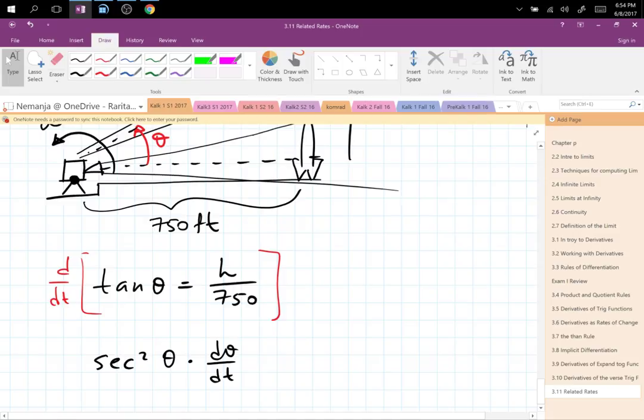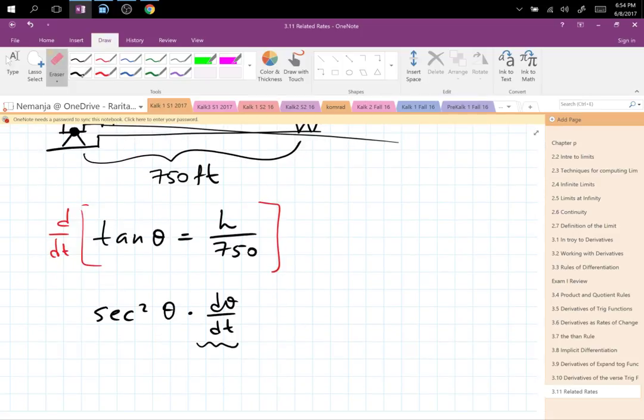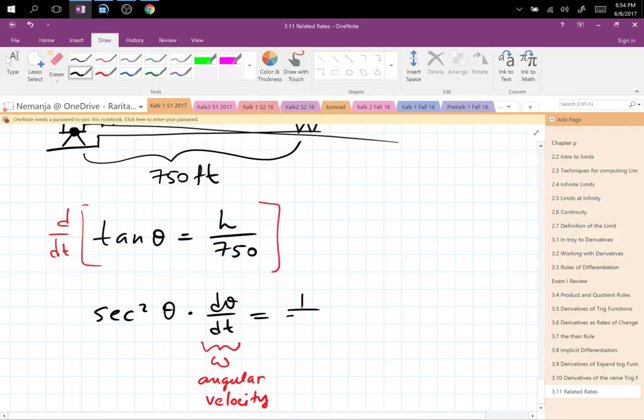The change of angle in time, guys, that's your omega, angular velocity. And all of this is equal to the derivative of h, which is just going to be 1 over 750 dh dt. And what's this dh dt?